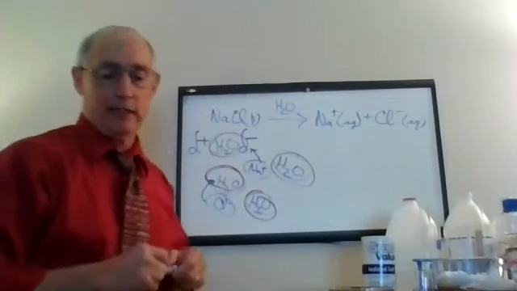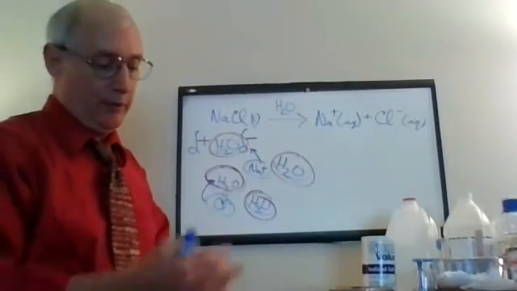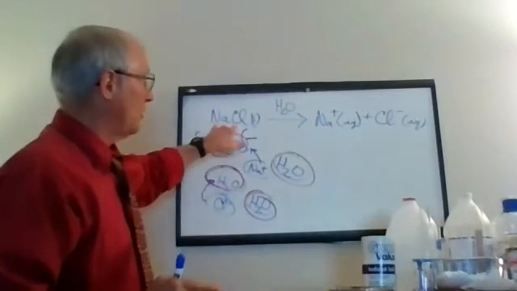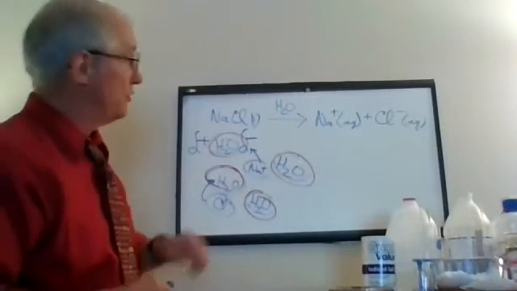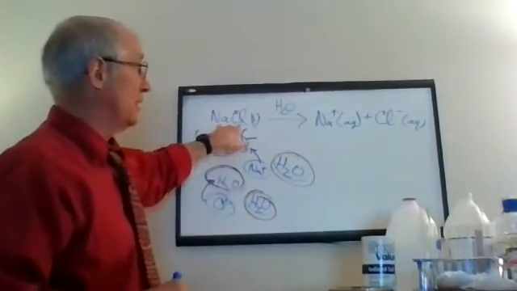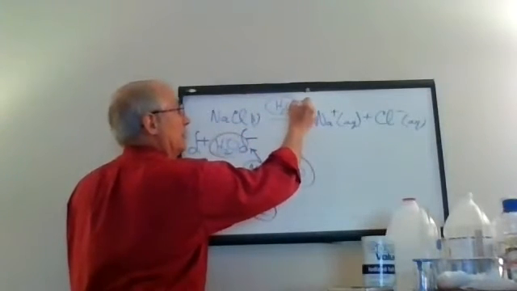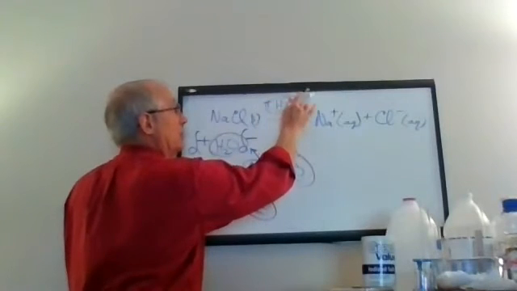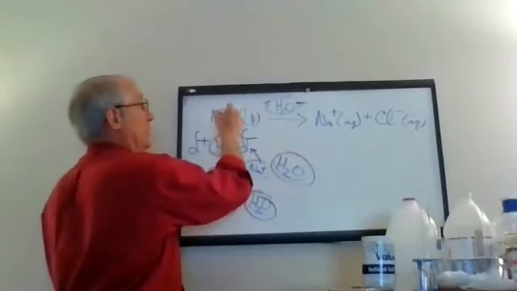And so water, I say, is electrically sticky. It's a good knife. It'll cut solutes that are ionically bonded together. So this has charges in it, and water has charges in it. This is called polarity, and this is called an ionic bond.